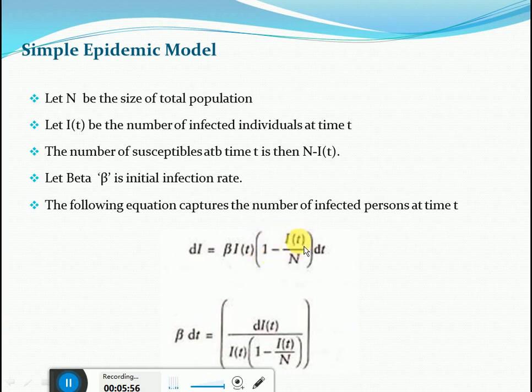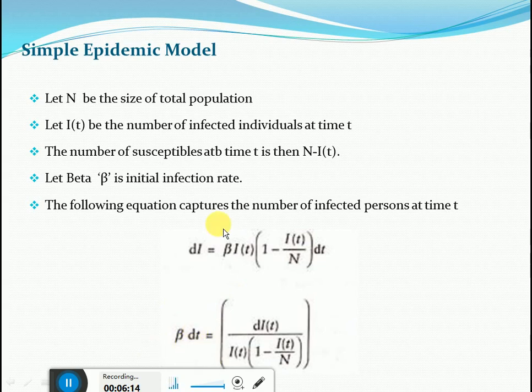So this term helps us identify the fraction of people who are not infected but are getting infected by the infected people. This gives you the outcome, to know how many people are infected.